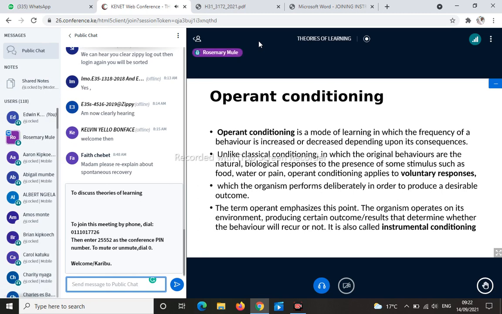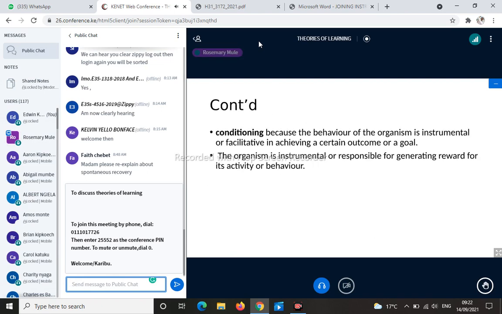So we are saying operant conditioning is also referred to as instrumental conditioning because the behavior of the organism facilitates achieving a certain outcome, achieving a certain goal. The organism is quite instrumental or responsible for generating reward for its activity or behavior.